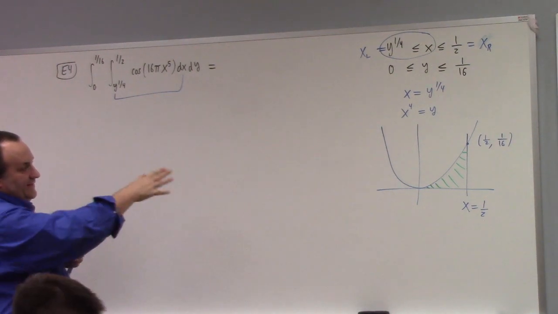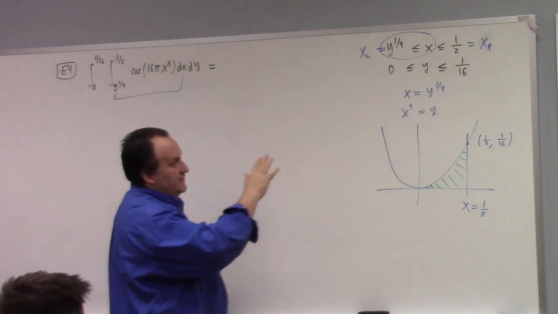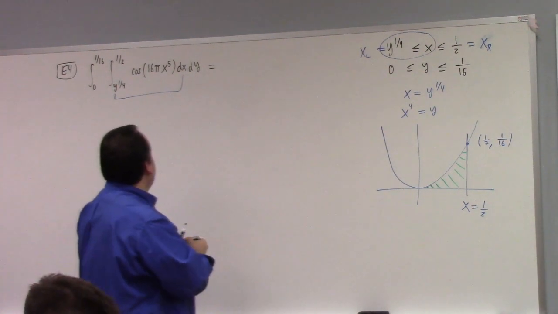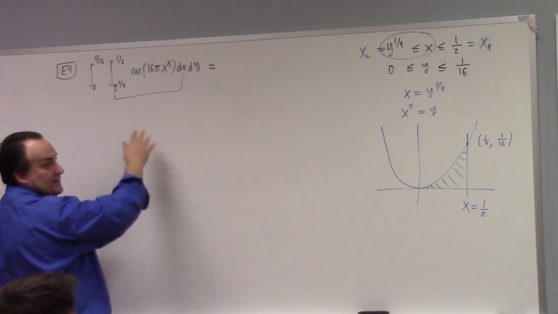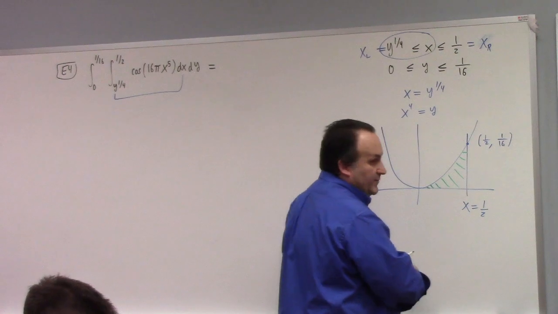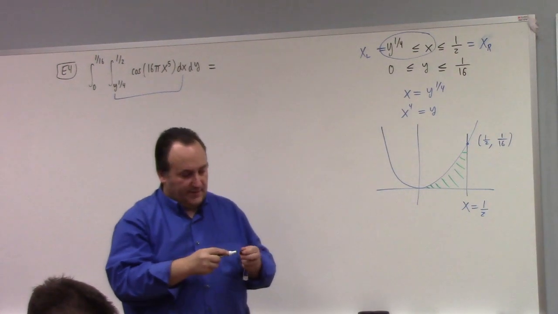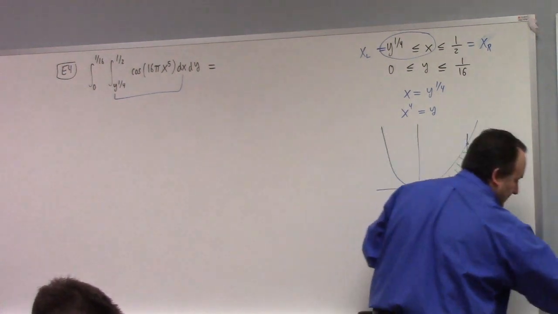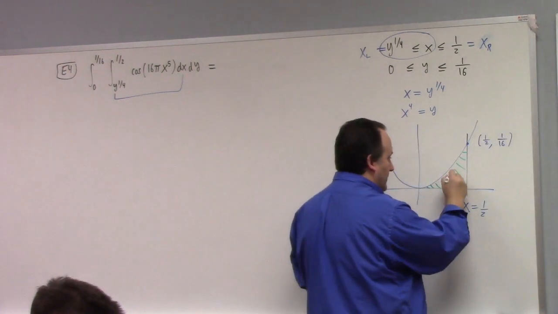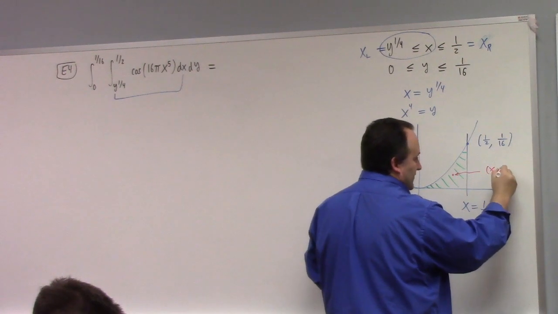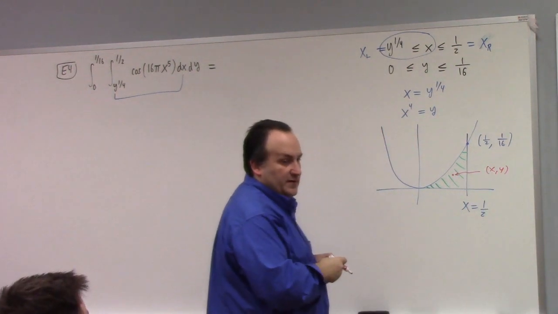So how would I set that up instead? It's given to me as a type 2 region, right? This is a type 2 setup. How do I change it to type 1? Well, we go back to Calc 1 basically, right? And we think about essentially taking an arbitrary point in the region, like this right here, and you just need to write down inequalities for it.